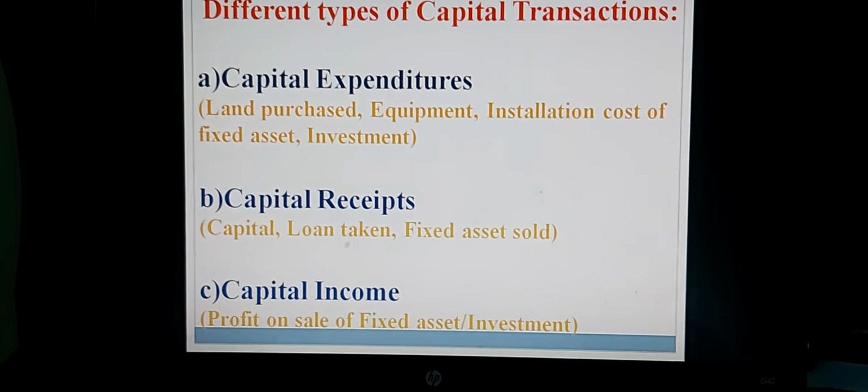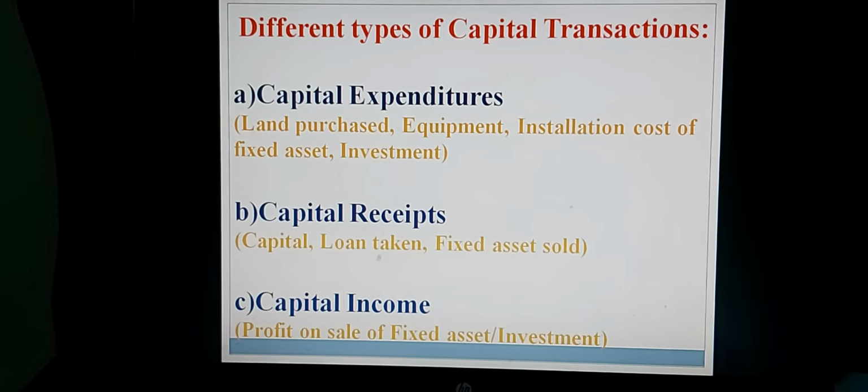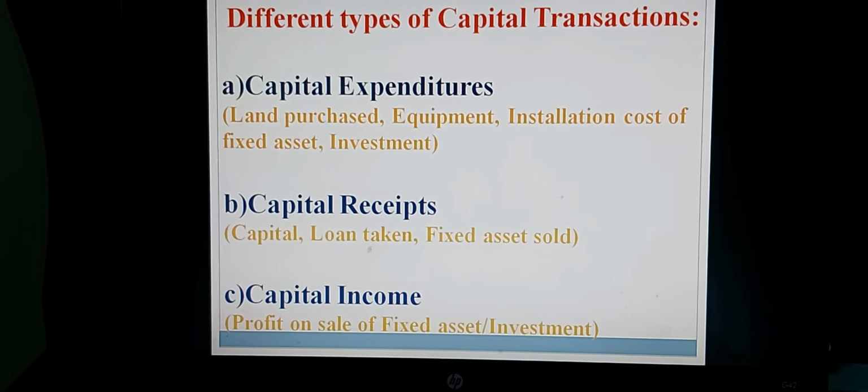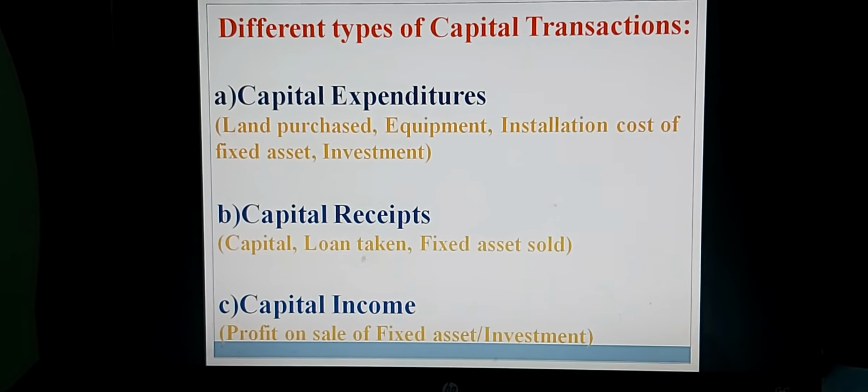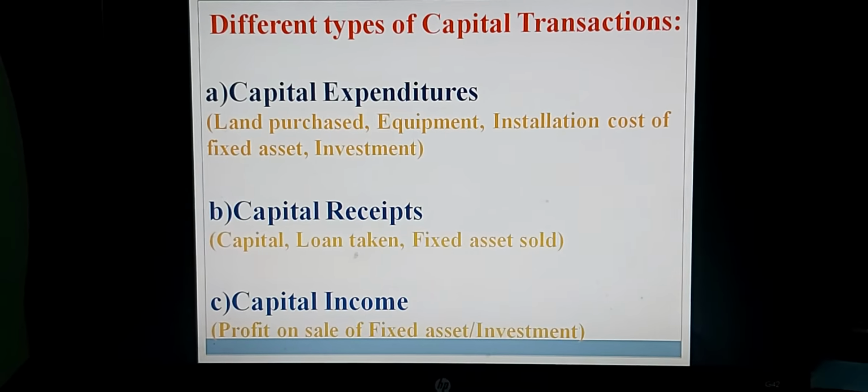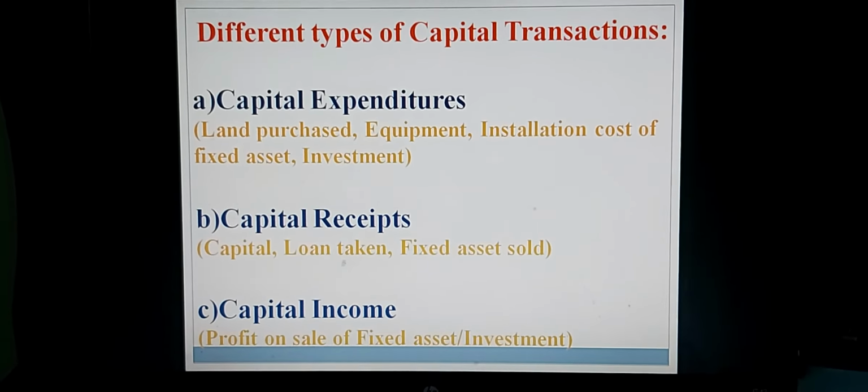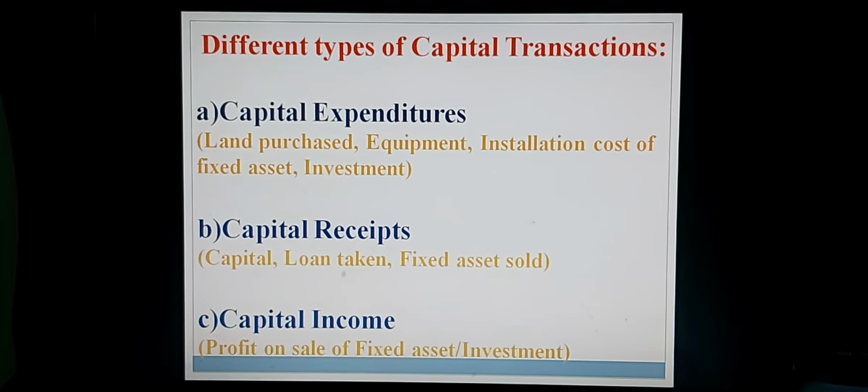You are seeing on the screen, for capital receipt, only three items are related: capital or additional capital, loan taken or mortgage loan taken or debenture issued, and another one, sold fixed asset.